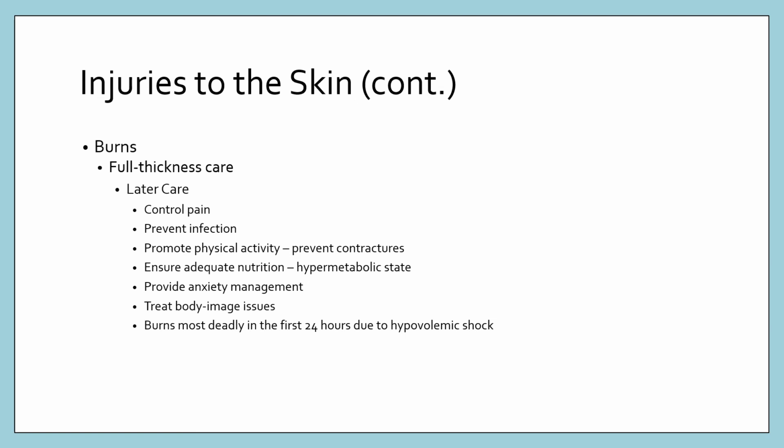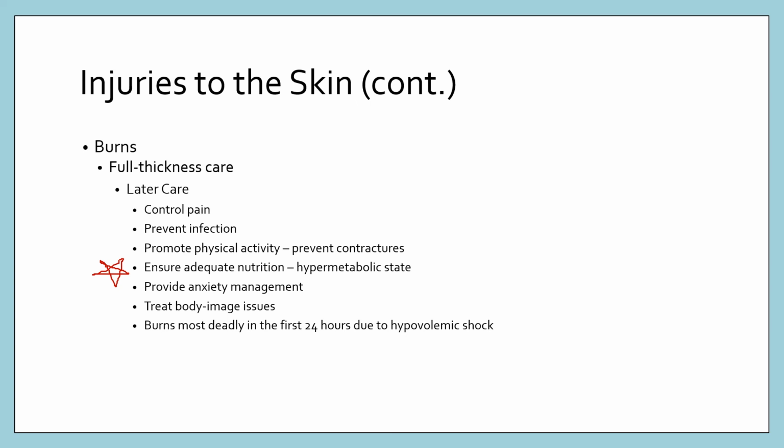Ensure adequate nutrition. So this is a key thing that I'm going to go ahead and put a little star here so that you know the kids need about double their calorie or maybe even triple their calorie intake when they're recovering from a serious burn, because it takes a lot of calories to rebuild all those tissues.